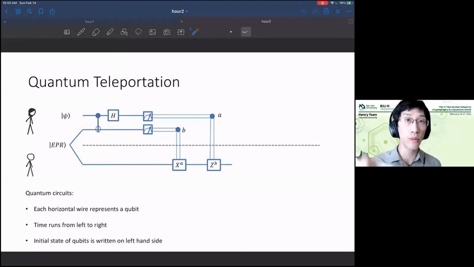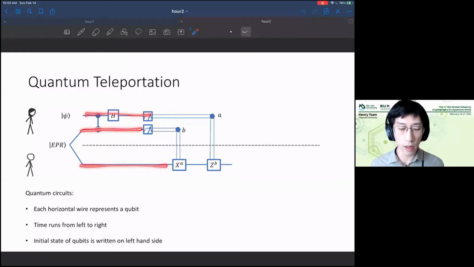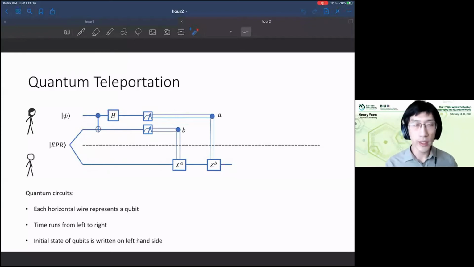So there are 3 qubits in the setup: the gift qubit, and the 2 qubits that form this EPR pair. We read the circuit from left to right. Time runs from left to right. At the beginning of this protocol, this describes the state of their 3 qubits. Alice's qubit is in the state psi, and they share this EPR pair.